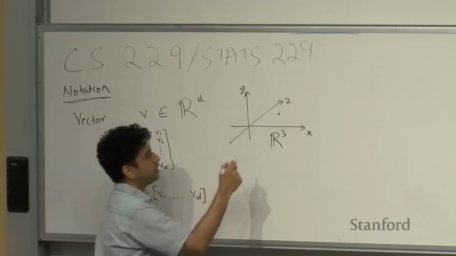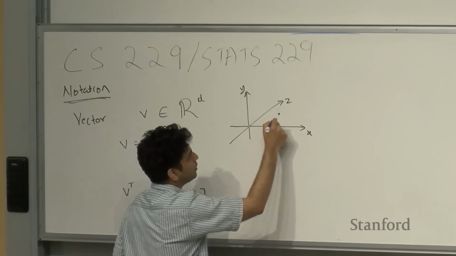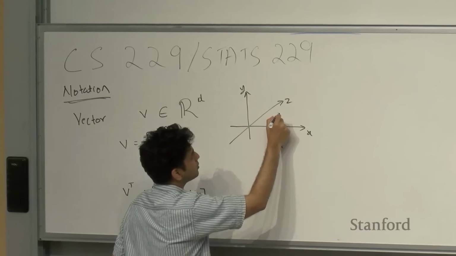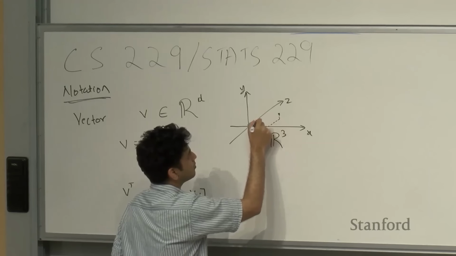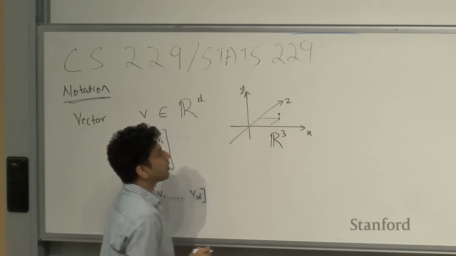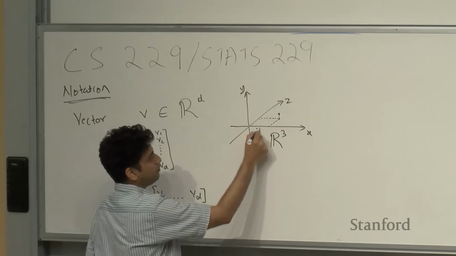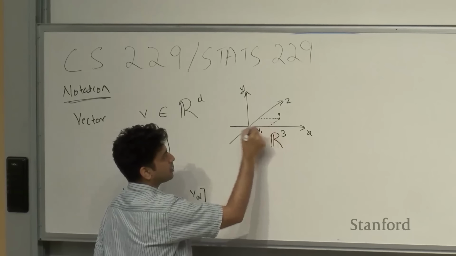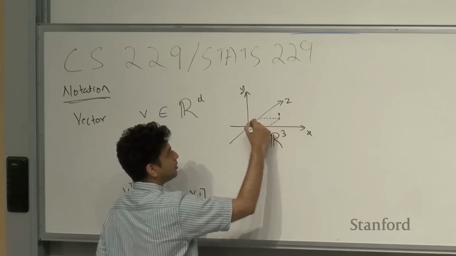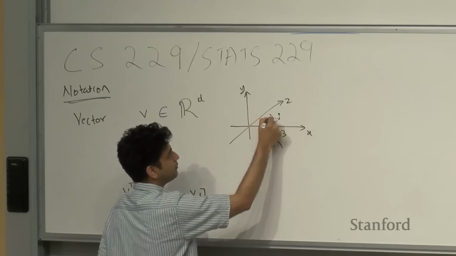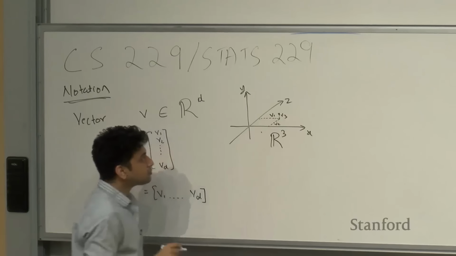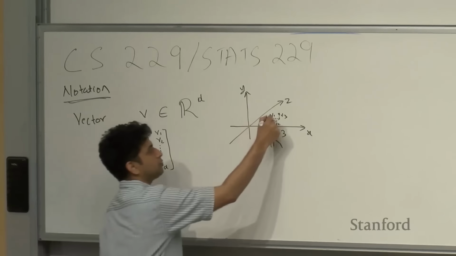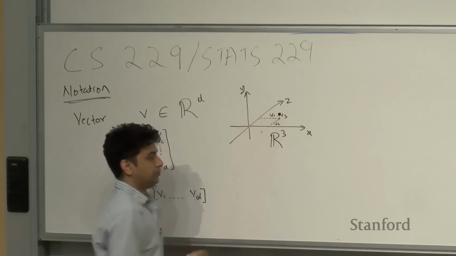These numbers are the coordinates of this point. So this is V1, this length, and this length is, maybe I should write it here, V1, V2, V3. And this point over here is V.